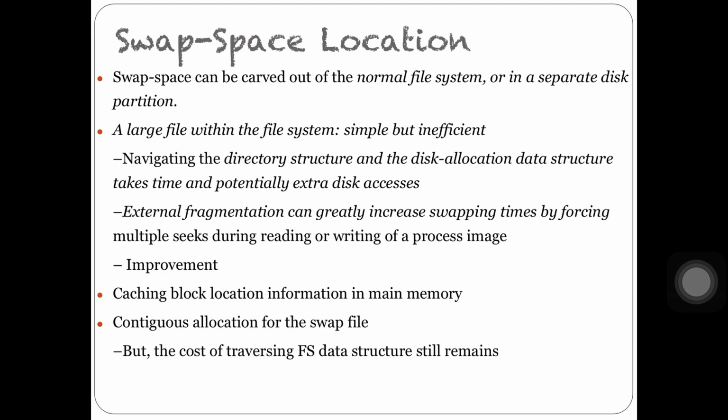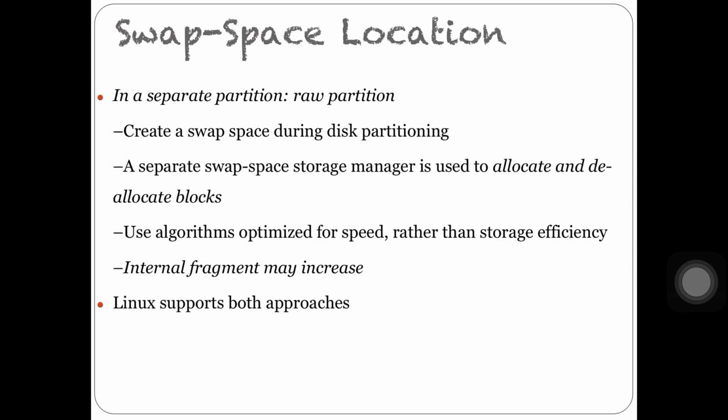We can improve this performance by caching the block location information in physical memory, and by using special tools to allocate physically contiguous blocks for the swap file. But the cost of traversing the file system data structures remains the same. So it is very simple to implement, but it is inefficient in terms of time, you have extra read write accesses, and more seek time is required.